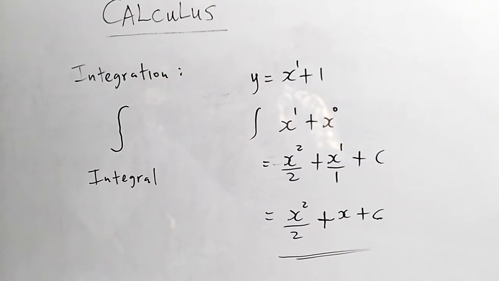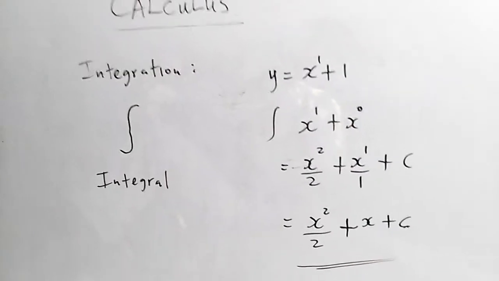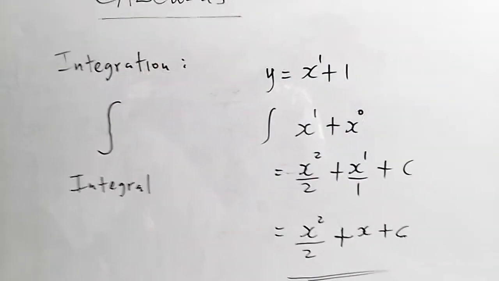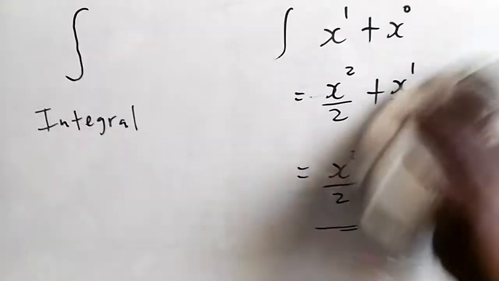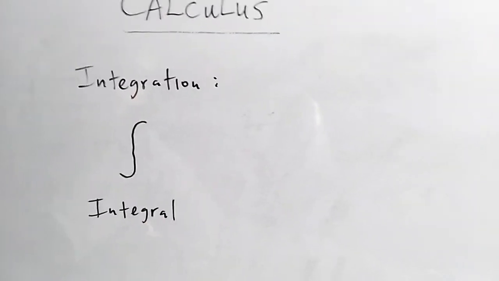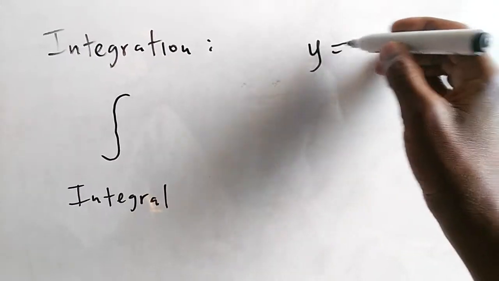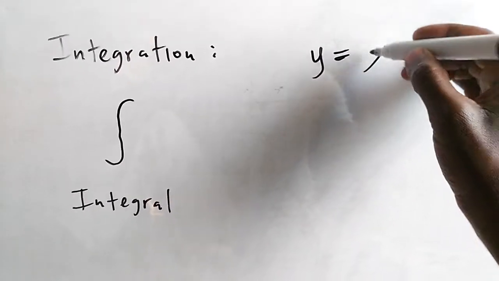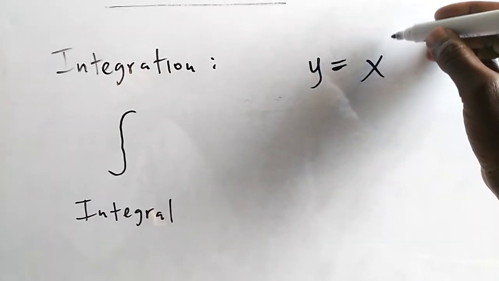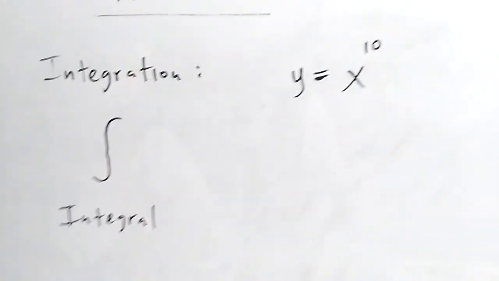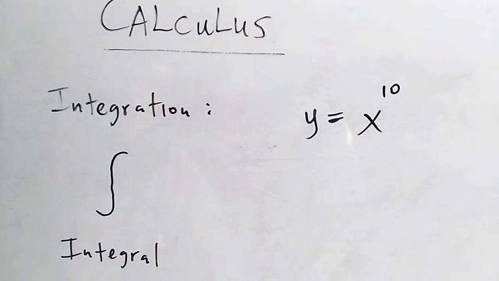That's your answer. So in short, the opposite of differentiation is integration. The opposite of integration is differentiation. So integration will be adding the powers. Even if you have a power of x to the power of, you can say 10, and then we say find the integration.